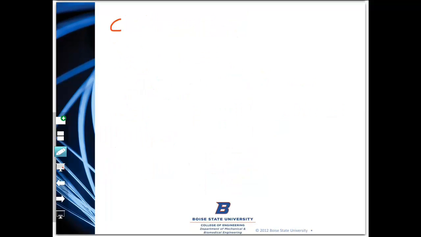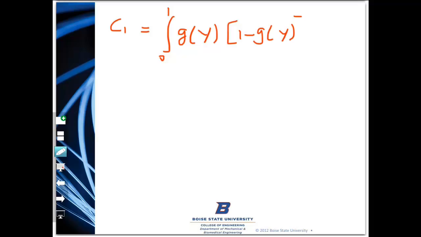So C1 is defined as integral 0 to 1 of g of y times 1 minus g of y times dy, and if you put it in and integrate it, this should be pretty straightforward for you guys. You'll determine C1 as 0.133.